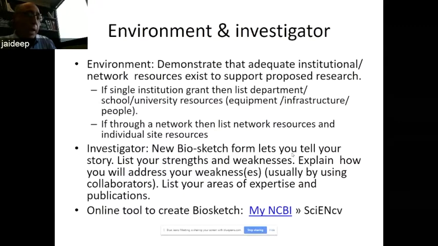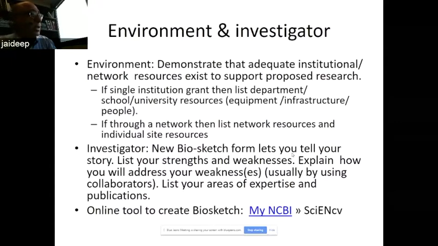Do you have Siren as a hub? All those are institutional resources in addition to things like clinical trials offices, the old units for doing inpatient clinical research, whether all those facilities that exist.